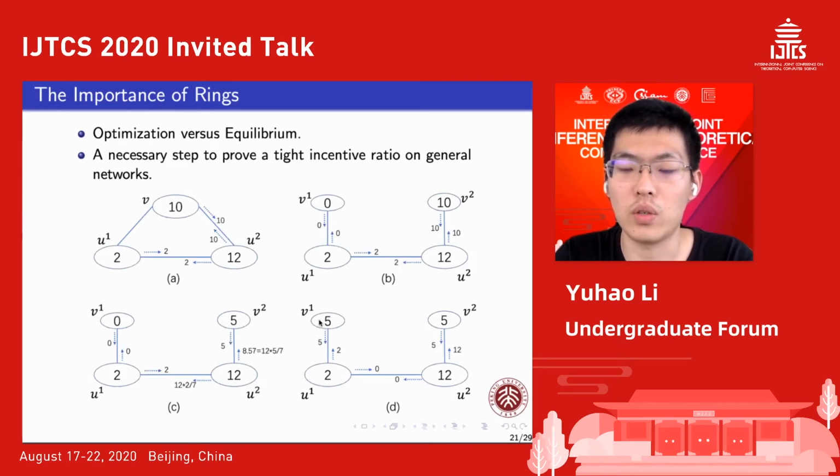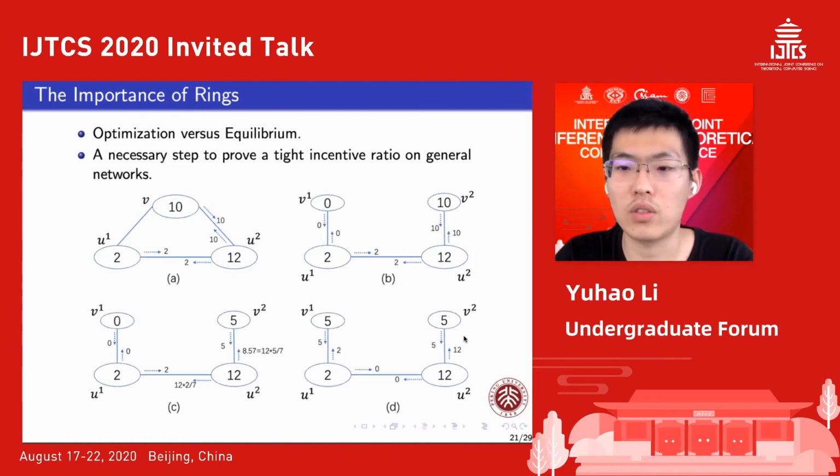During this increasing process, U1 receives more from V1, so U1 will return more to V1. So U1 will give less to U2, and U2 will return less to U1. Finally, U2 will give more resources to V2.